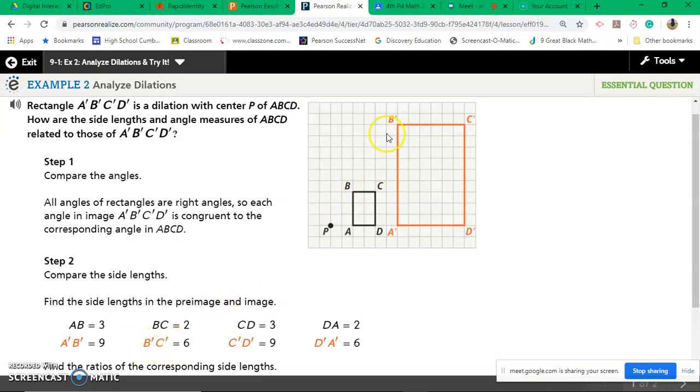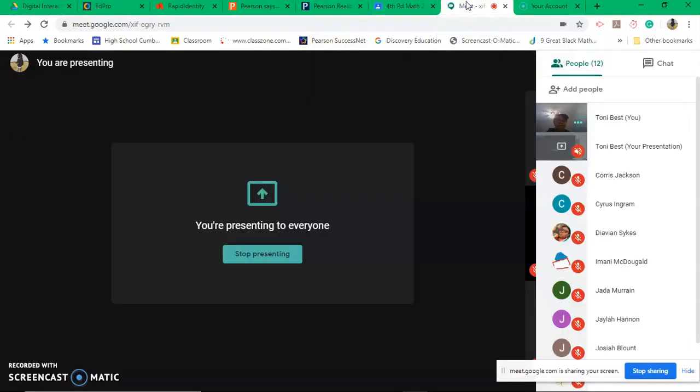B prime, C prime is 1, 2, 3, 4, 5, 6. Since it's a rectangle, these other two sides are going to repeat what we already saw. So how do you think the side lengths are related? What do you think the scale factor is? What do those numbers have in common? 3 and 9, 2 and 6.